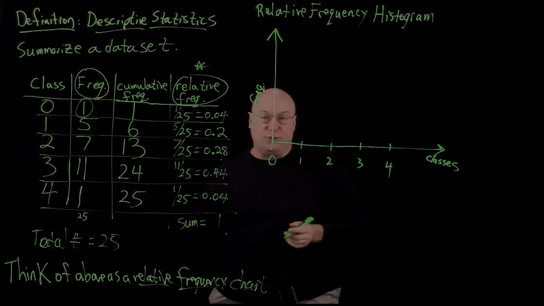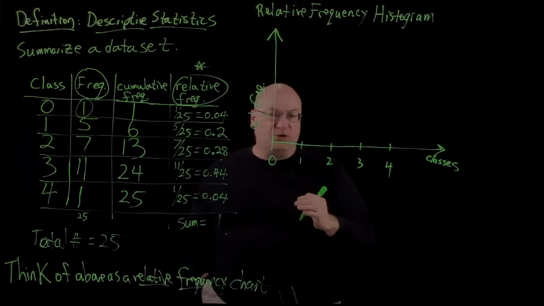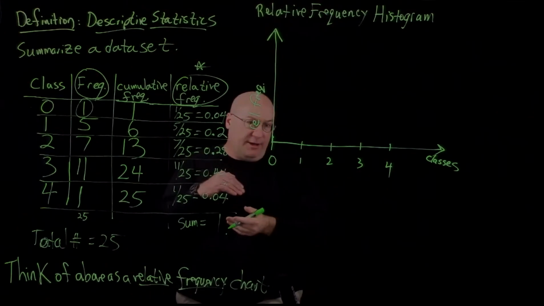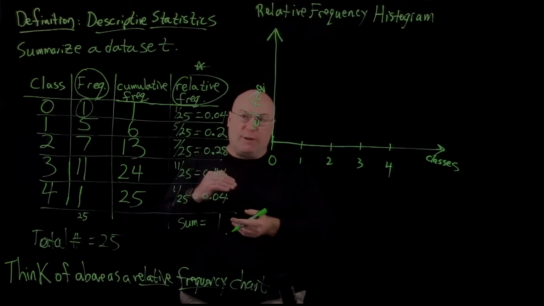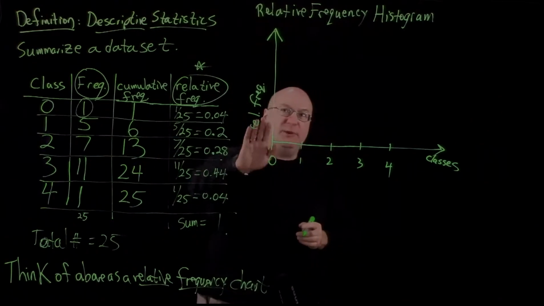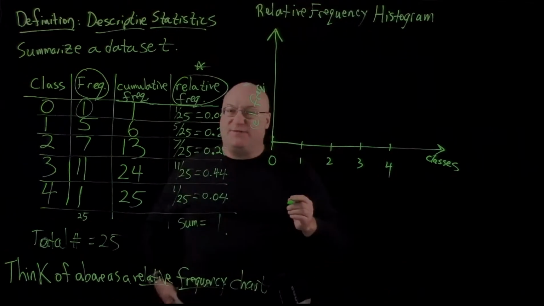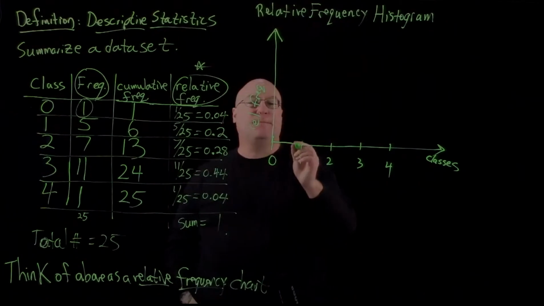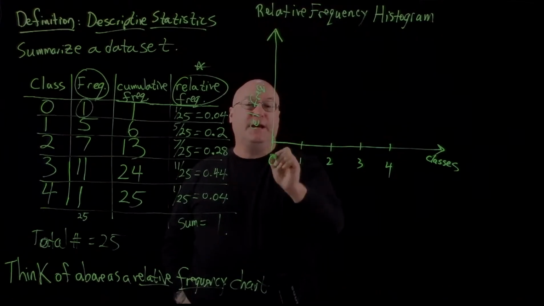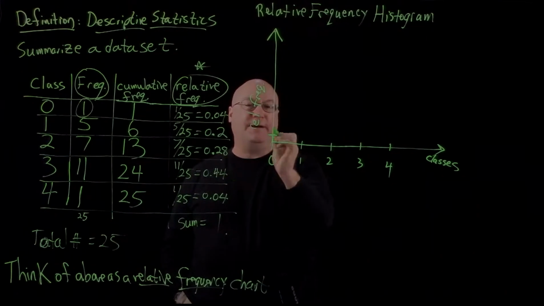At each data point, I'm going to draw in a bar, the height of which will represent the relative frequency. I'm obviously going to have a much different scale on the vertical axis than on the horizontal axis, and that's fine. Here's 0, so let me put 0.04 maybe about right there.